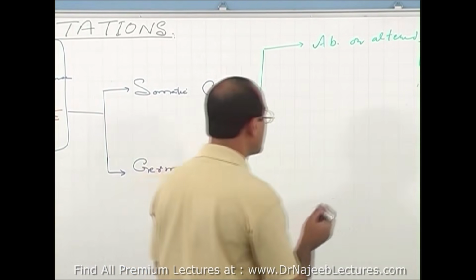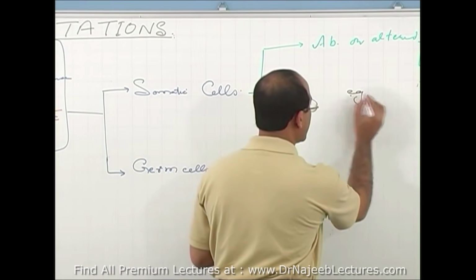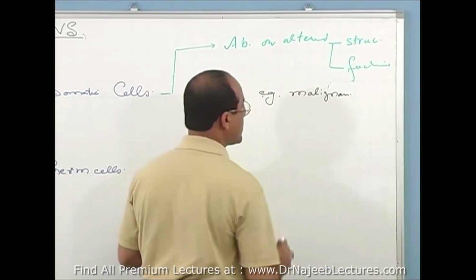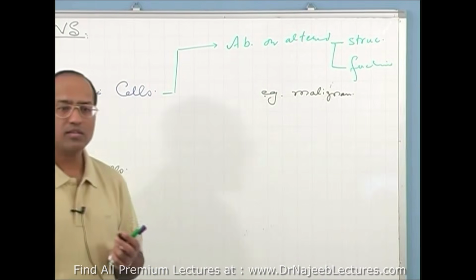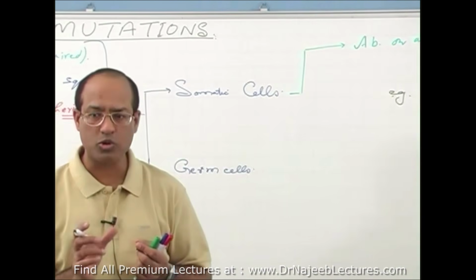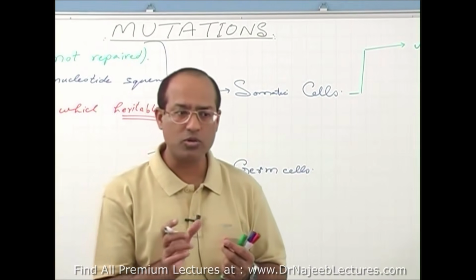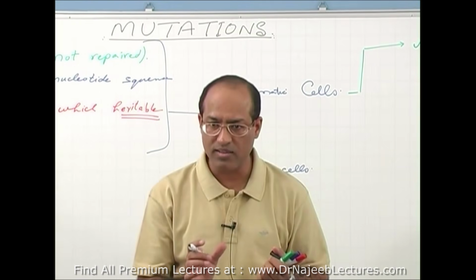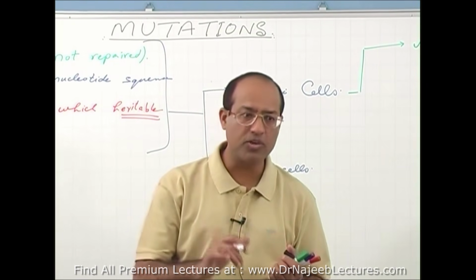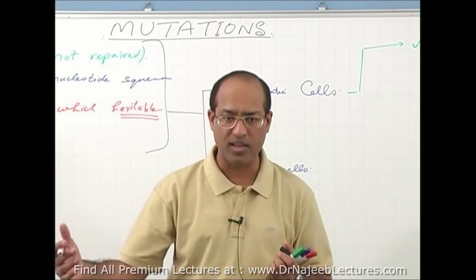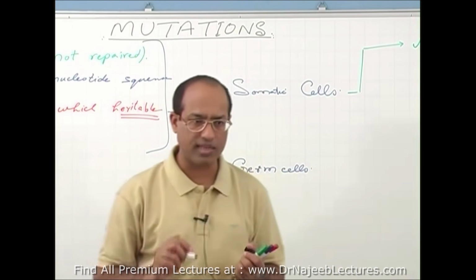Because a normal cell has normal genes which control the growth of the cell. But if the cell growth regulating genes are significantly disturbed, then it is quite possible that cells start over-proliferating and over-living, and that may end up in malignancy.